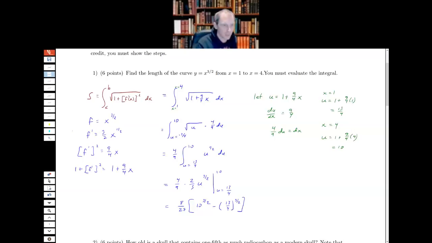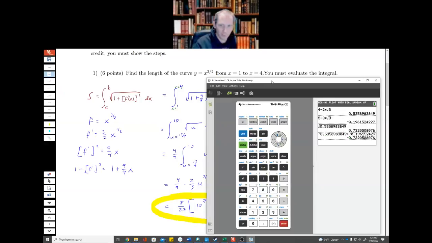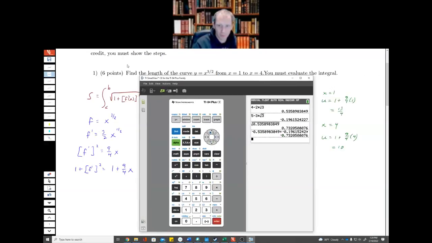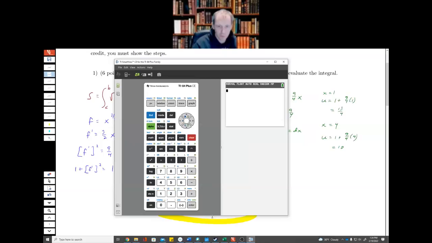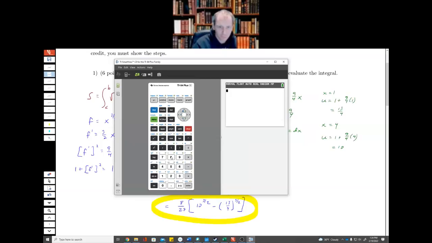Okay, now this is a perfectly fine number. If you want to throw it in a calculator and get a decimal approximation, that's fine. But I'm perfectly happy with, and would maybe even almost prefer just leave it as an exact answer.